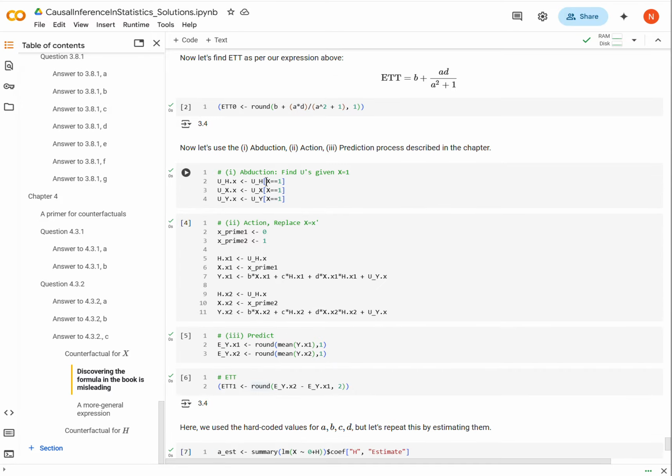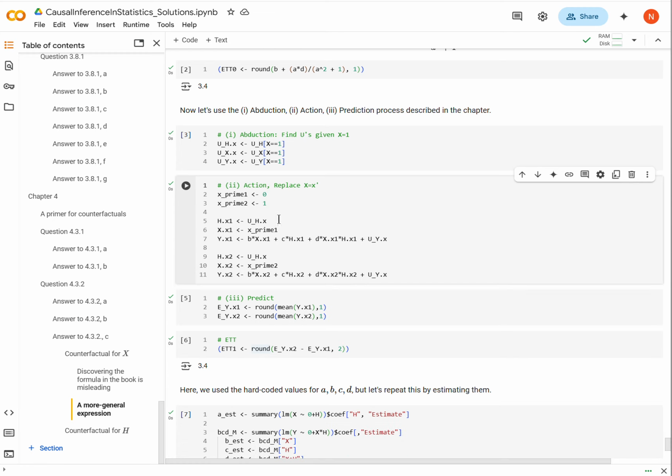First I'm taking the observations for which the evidence applies, x equals 1, and I'm taking those random components. That's abduction. For action, I replace any x with a particular value of x prime, and I have two x prime values here, 0 and 1.